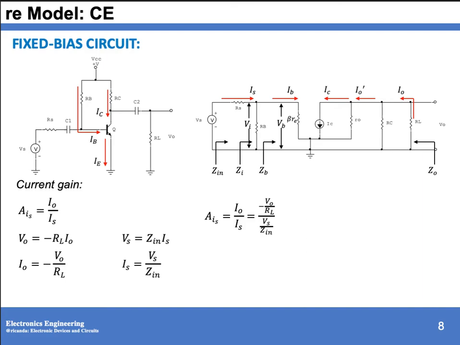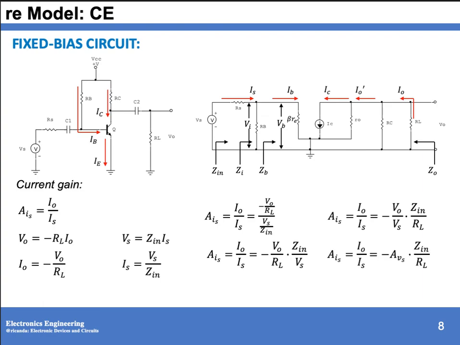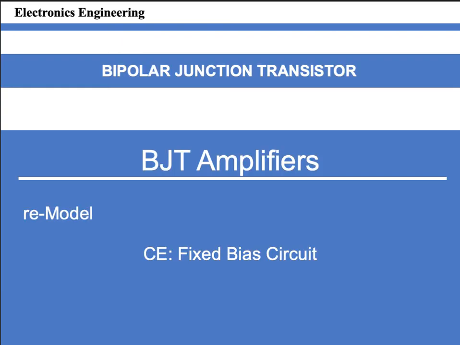To simplify this equation, we have negative Vo over RL times impedance Zin over Vs, or that is equivalent to negative Vo over Vs times impedance Zin over RL. So therefore, your current gain is equal to negative Av times impedance Zin over RL. So that is all for the fixed bias circuit.